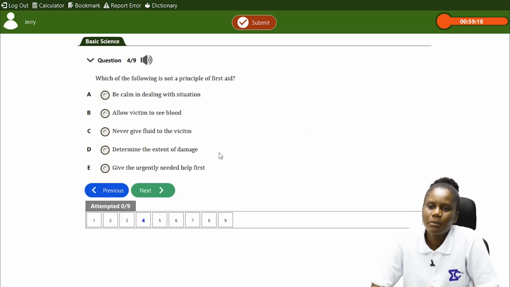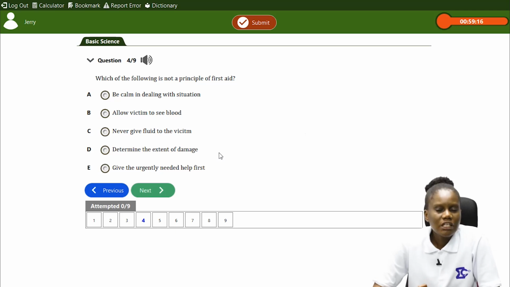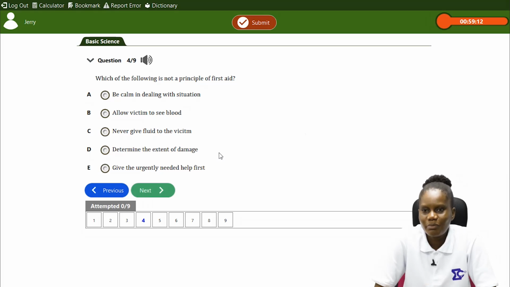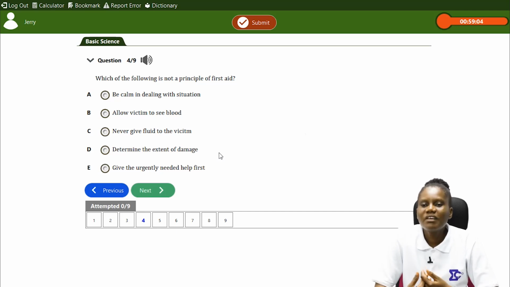Let's assess each of them. Be calm in dealing with situation. Yes, if you are not calm, you cannot deal with the situation. Allow victim to see blood. In most cases, the victim might not see blood. Maybe when there is a cut, the victim will see blood. Never give fluid to the victim. Yes, this is very important. Never give fluid to the victim is a principle of first aid.